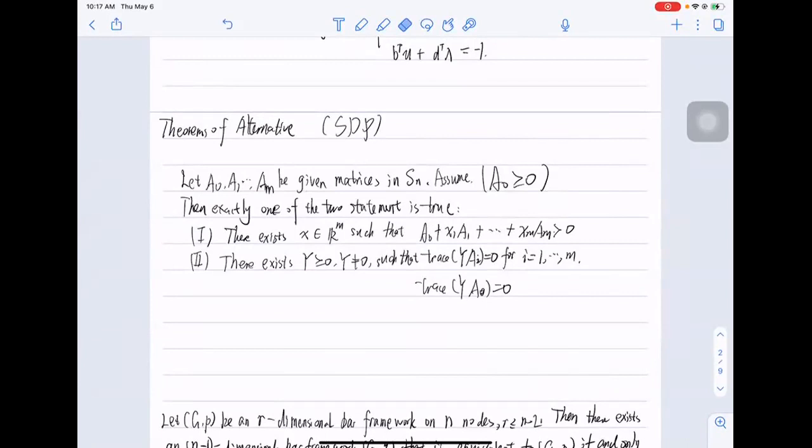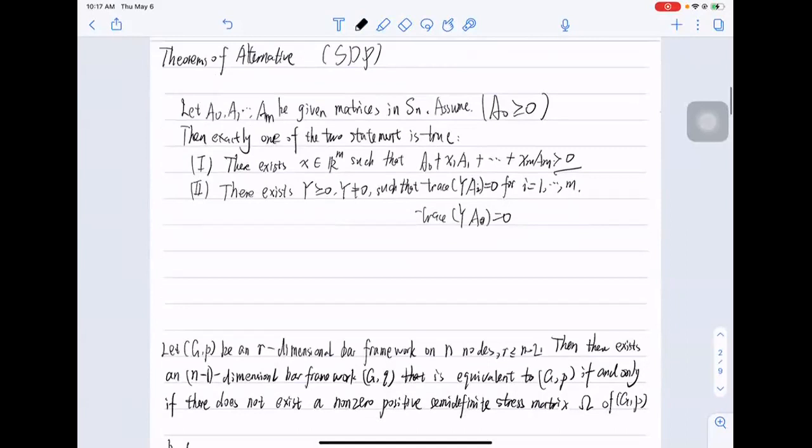Then exactly one of the two statements is true. Either there exists x in R^m such that A_0 plus x_1 A_1 plus ... plus x_m A_m is strictly positive definite, or there exists y, a non-zero positive semi-definite matrix, such that trace(y A_i) is 0 and trace(y A_0) is 0. So this theorem is basically the hyperplane separation theorem, right?